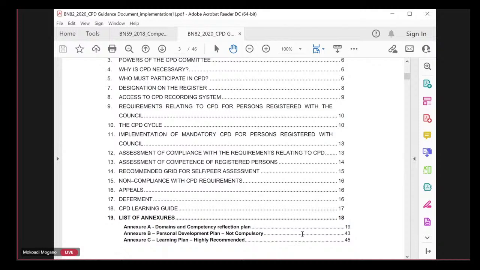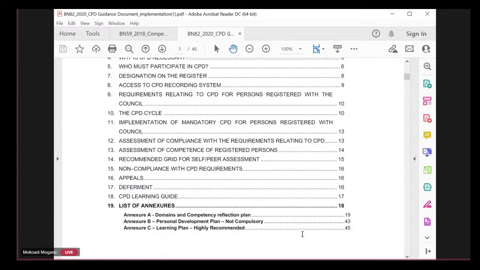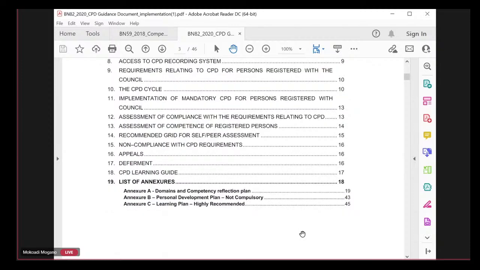It takes you through the steps of the CPD cycle. It also looks at the requirements relating to CPD for persons registered with council, and implementation of mandatory CPD for registered persons. It looks at assessment for compliance with CPD requirements.